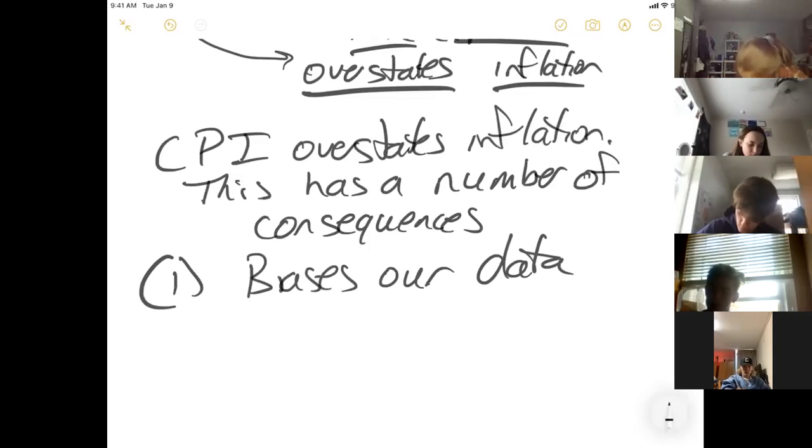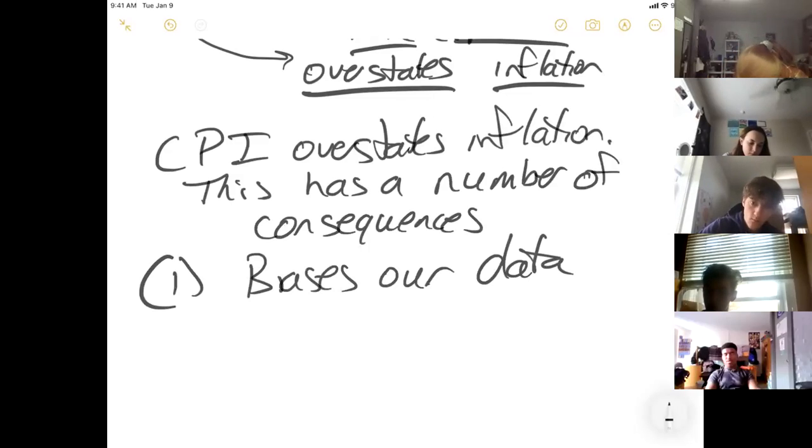Our data has mistakes in it because we know that we're not always accurately measuring the true effects of inflation. And so that's troublesome for economists, right? We want our data to be as accurate as possible.